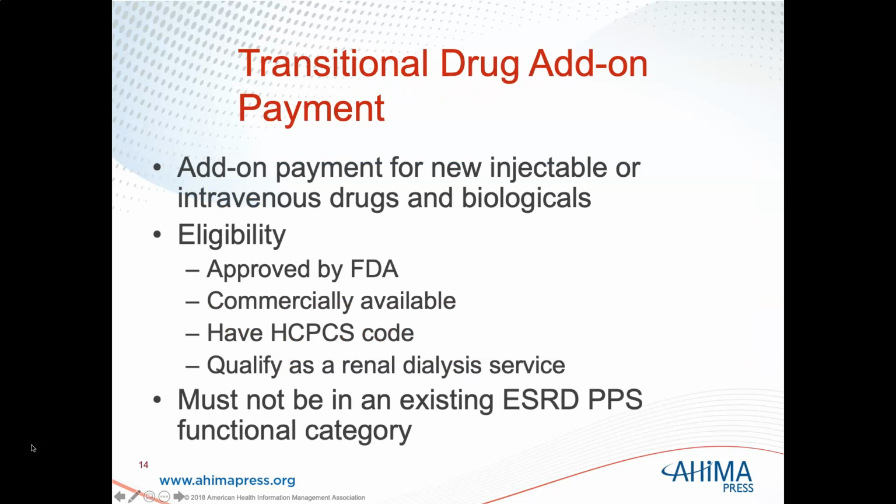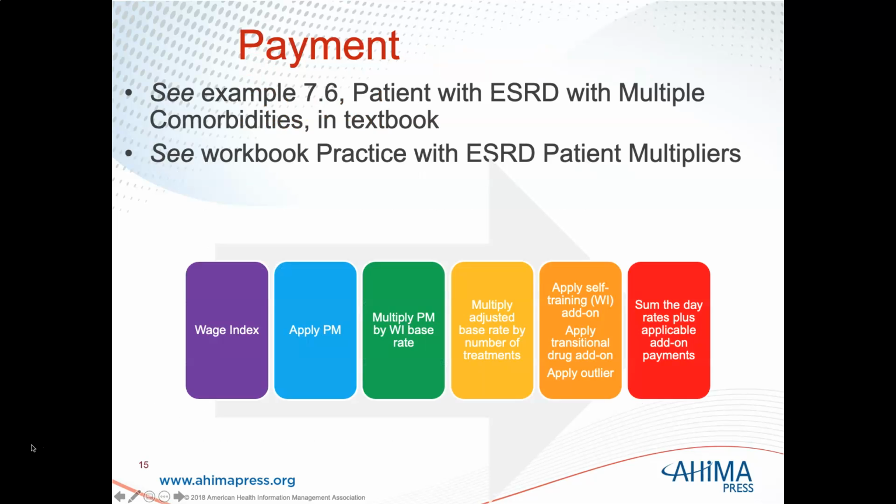There is a transitional drug add-on payment as well whenever there's new injectable or IV drugs and biologicals being used. The eligibility is that they have to be approved by the FDA, commercially available, have a HCPCS code, and qualify as a renal dialysis service. They must not be in an existing ESRD PPS functional category.